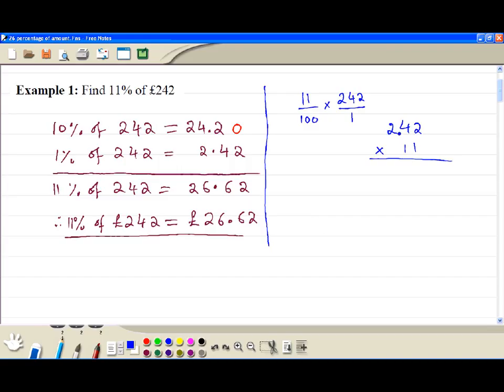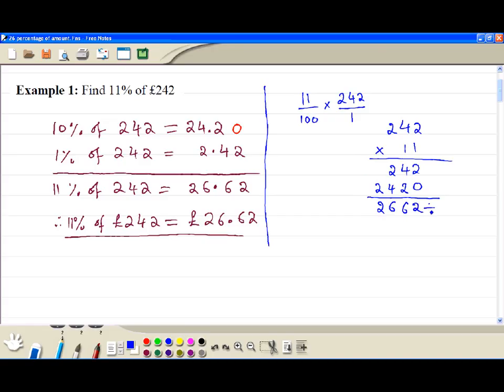So multiply everything by 1 on the top, and you add 0, multiply by 1 again. So we get the answer 2, 6, 6 here, then 2. Now this is the top answer. Then you're dividing by 100.